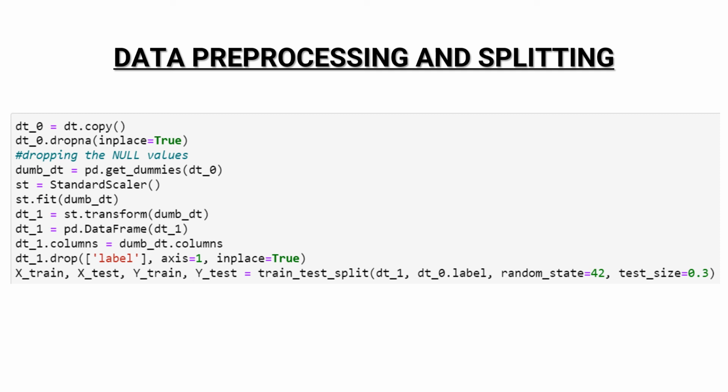We also use the StandardScaler function that removes the mean and scales each feature or variable to unit variance. Finally, we split our data into 70% training and 30% testing data, over which we train and test various machine learning models like KNN, random forest, PCA, etc., and check which model yields maximum accuracy.